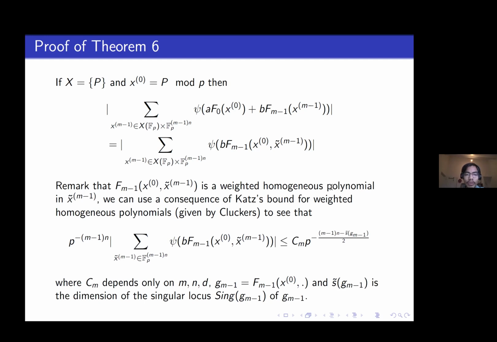And so we can use a consequence of the Weil bound for weighted homogeneous polynomials given by Kruger to see that we have an upper bound for the exponential sum of this function f_{m-1} in the affine space power m minus 1 n. We only know about the case when x equal p, because we can take the exponential sum over x tilde in the affine space.